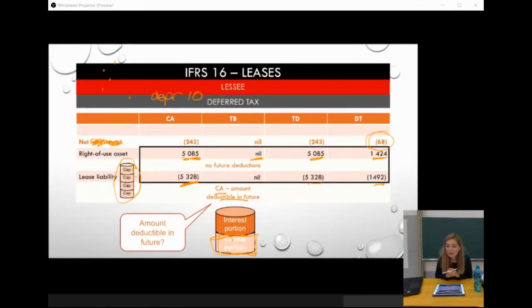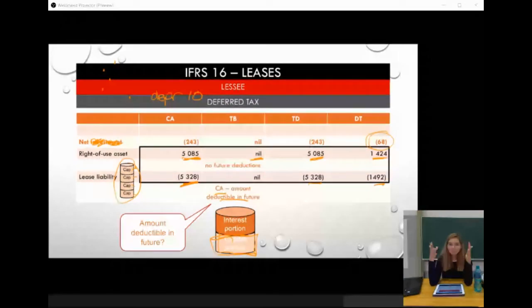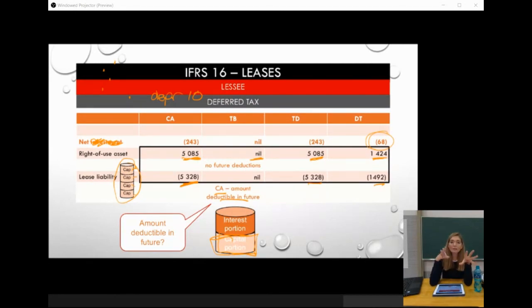For the right of use asset, why is the difference not exempt? Because it arises on initial recognition. Okay, that is a good point. Just remember again that we are not just blindly following the rules. The rules help us to get to the right answer in terms of our temporary difference and our deferred tax.